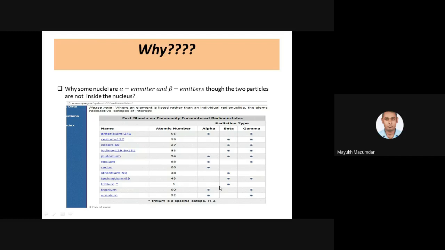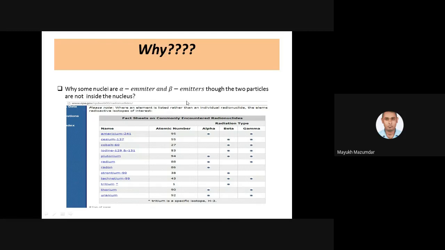Radioactivity has nothing to do with the outermost electrons. And whenever we have something to do with outermost electrons only, we call that a chemical phenomenon. So if that is a nuclear phenomenon, that means if everything happens in the nucleus, then how come alpha and beta particles are coming out from it?